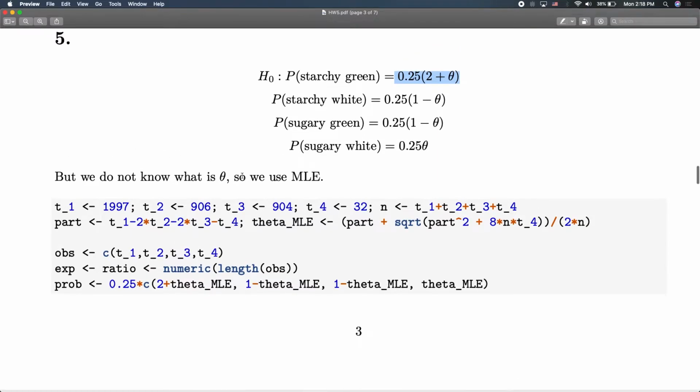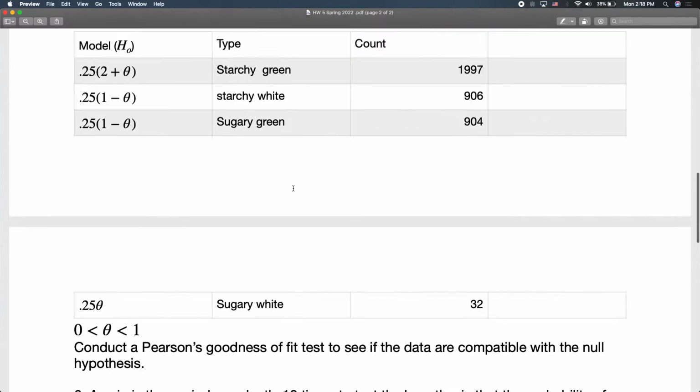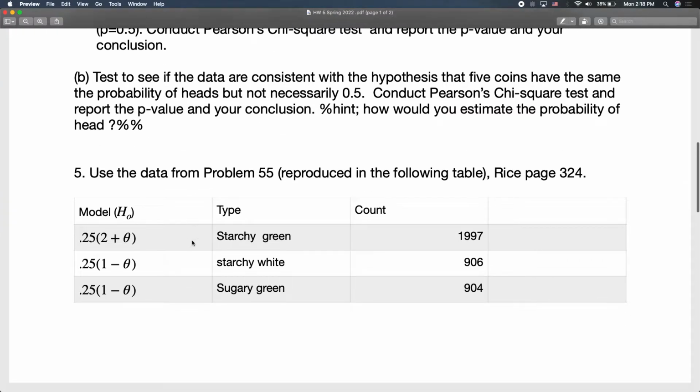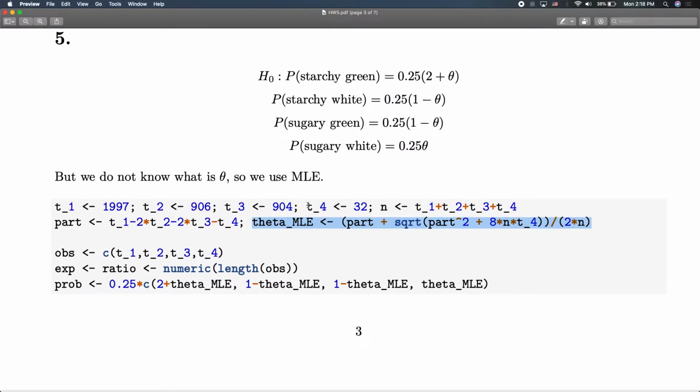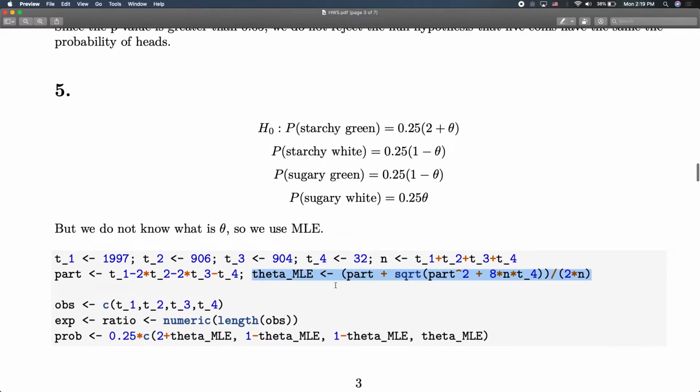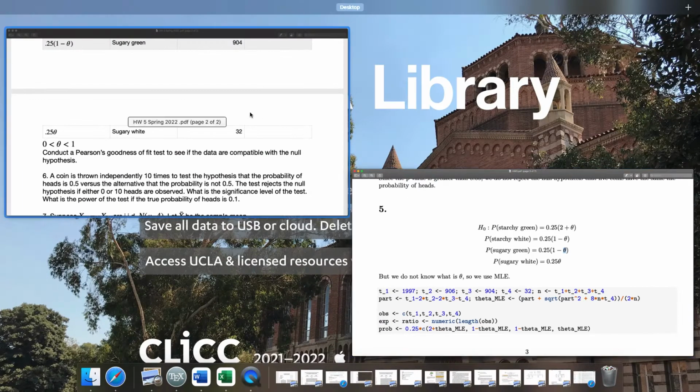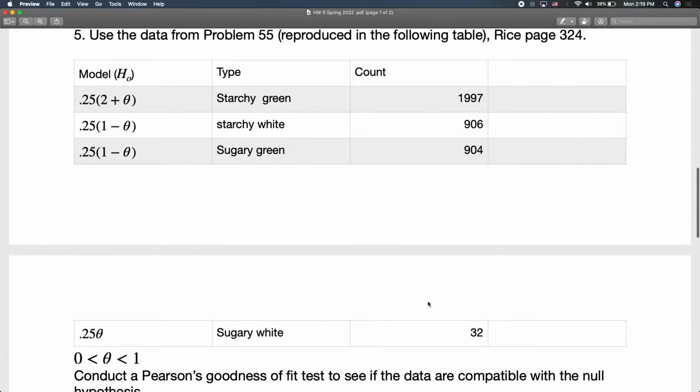So again, we don't know what the theta is, so we are going to estimate the theta by MLE. And this MLE formula here is the one from one of the previous homework questions. So this you already derived, so I just directly take the formula here and then calculate that. But this line here is just to calculate the theta MLE based on this particular observed data.